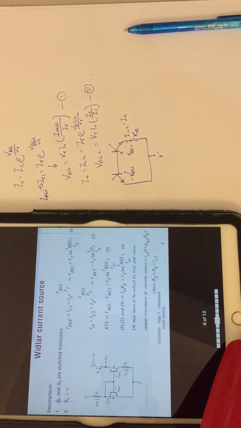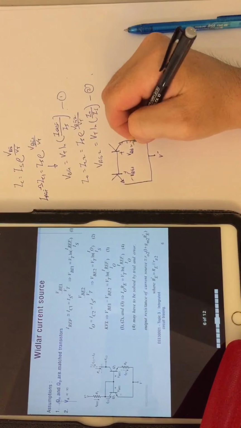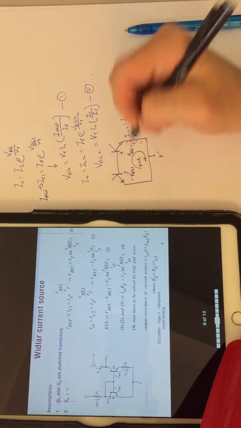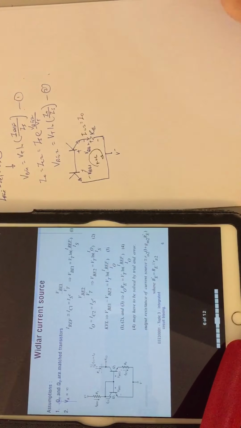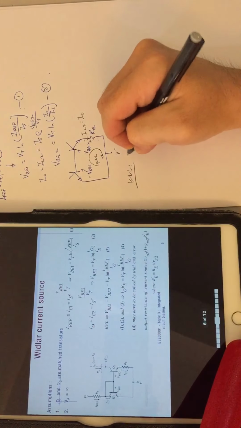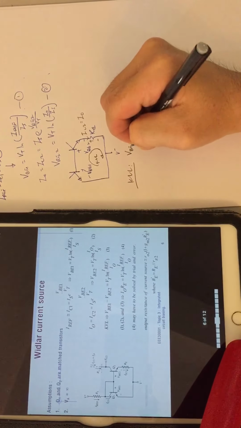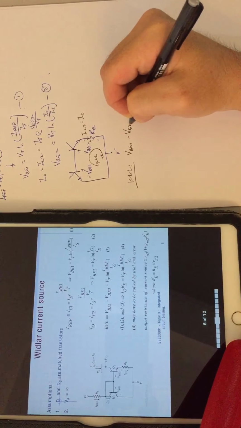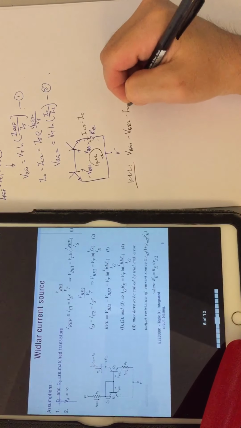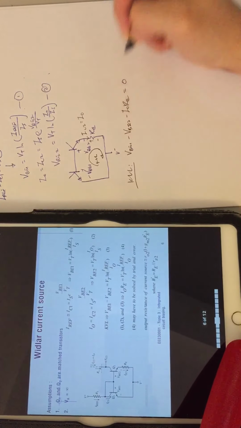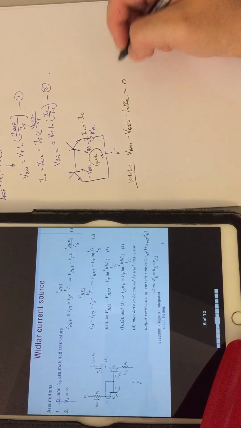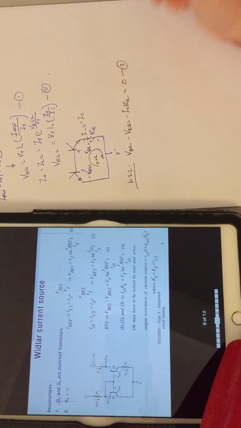So we derive a KVL expression for this loop, where VBE1 minus VBE2 minus IO RE equals 0. It's equation 3.